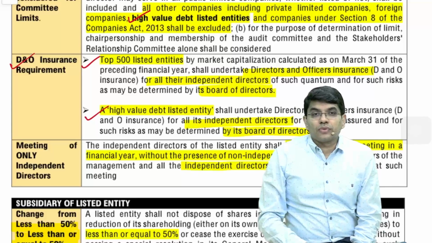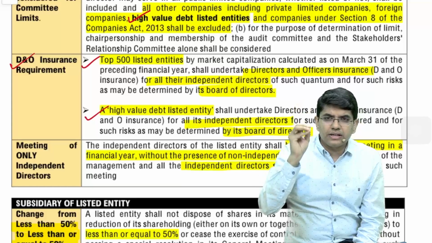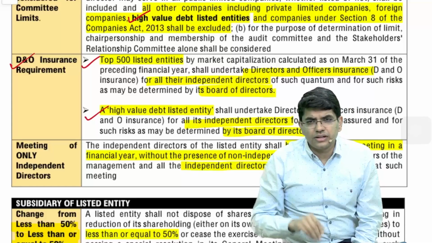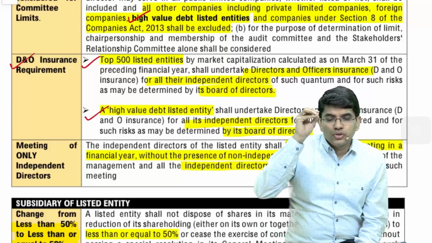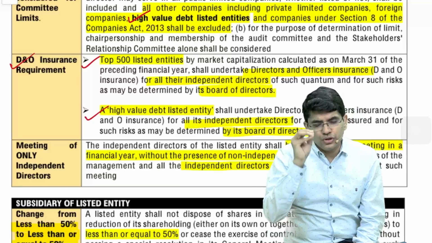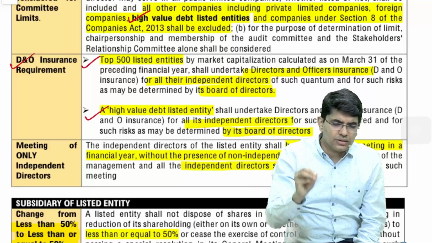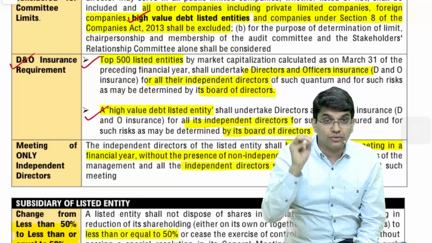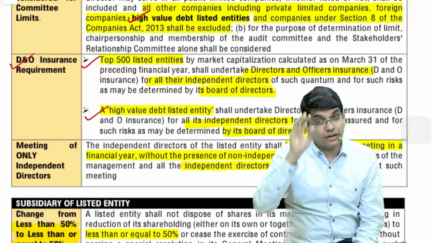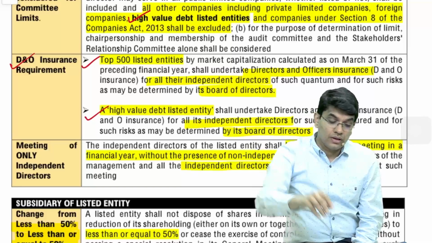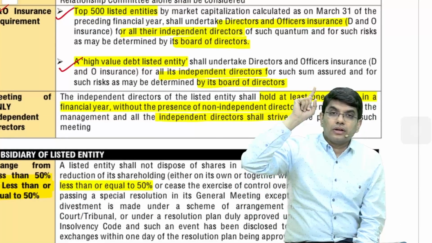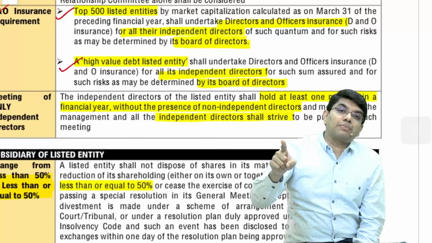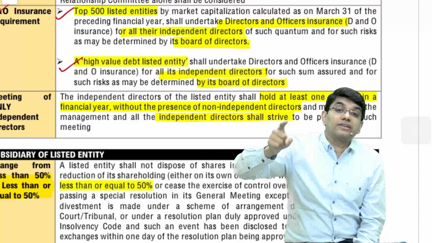So it says that the top 500 listed entities should take director and officer insurance for all the independent directors as per the policy approved by the board of directors. Take care of your independent directors. Take an insurance policy for them. Now they say that the same requirement is applicable for high value debt listed entities also.